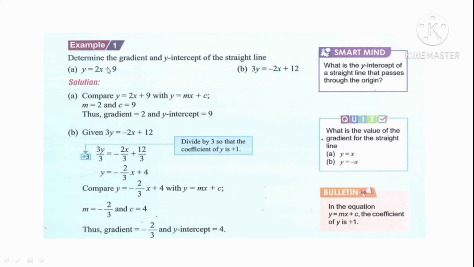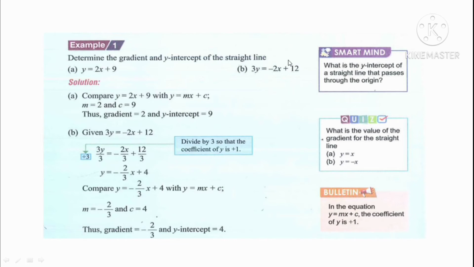What have we learned just now? The formula is y equal to mx plus c, right? So m is 2 for the gradient and 9 is the y-intercept.